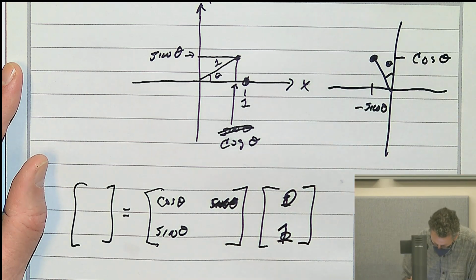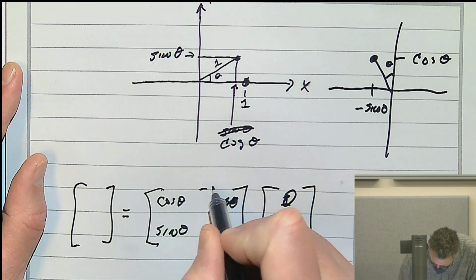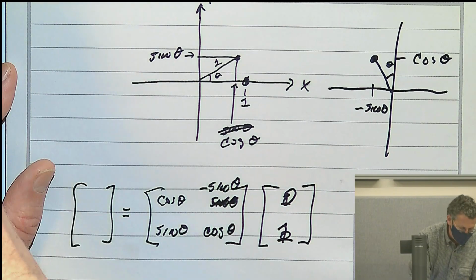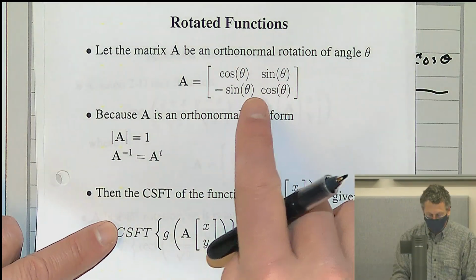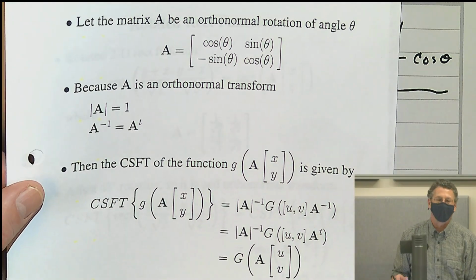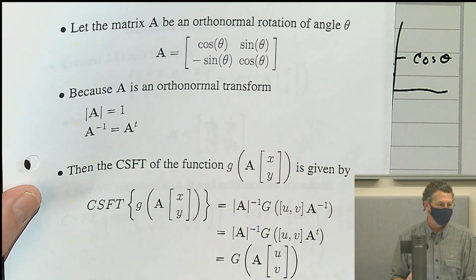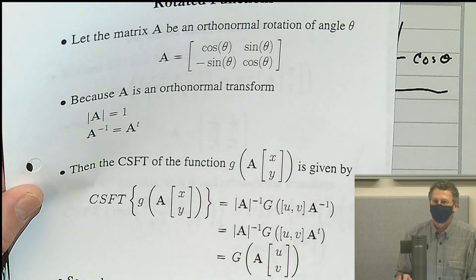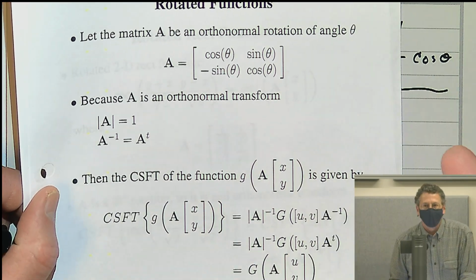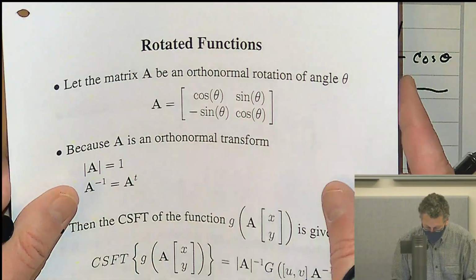Now you might say it's wrong because the minus signs flopped. Well, it depends on whether you're talking about a clockwise or counterclockwise rotation, and whether you're talking about the input or the output. They're both orthonormal.